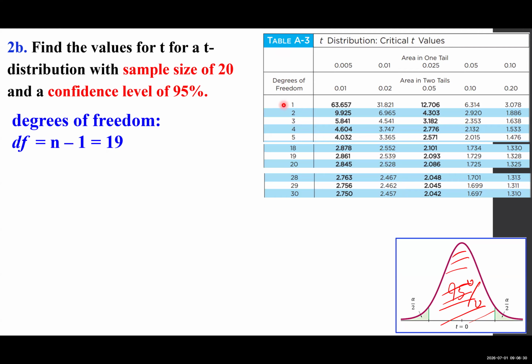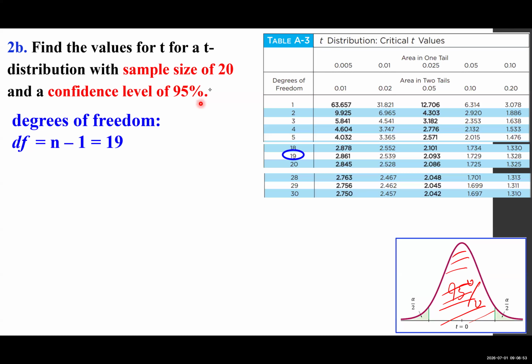So in this column, the first thing you do, you look for number 19. So we find that. Then right across, you see a bunch of numbers. This one, this one, this one, this one, and this one.